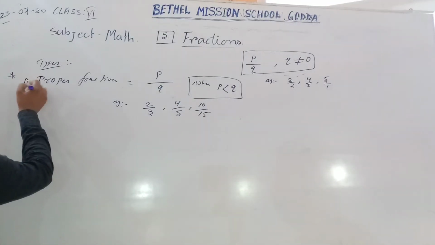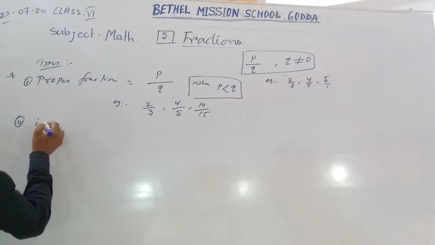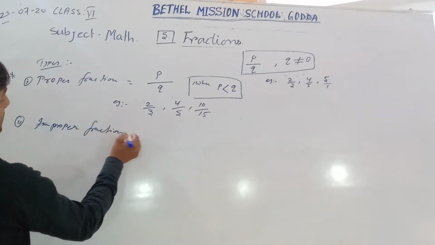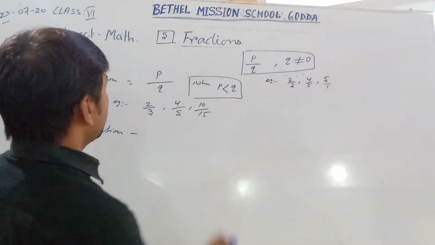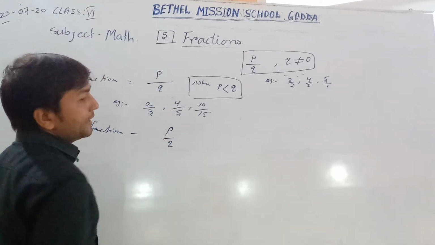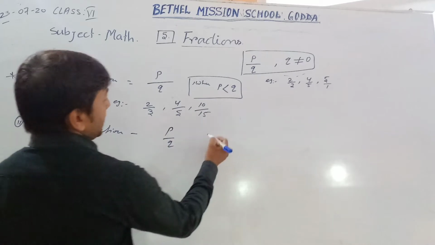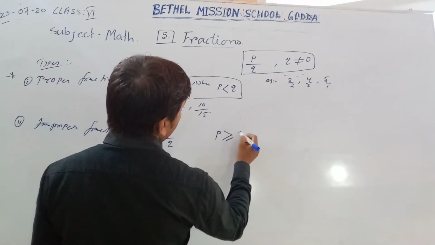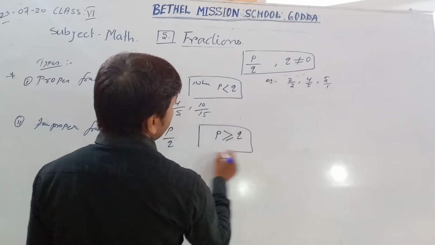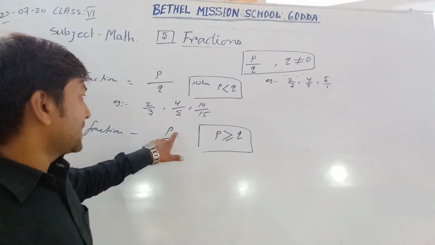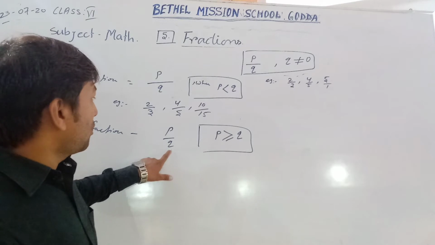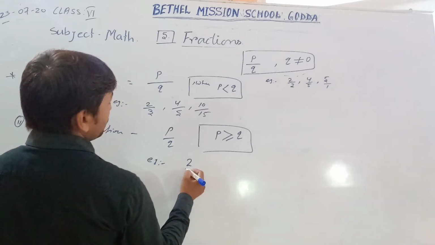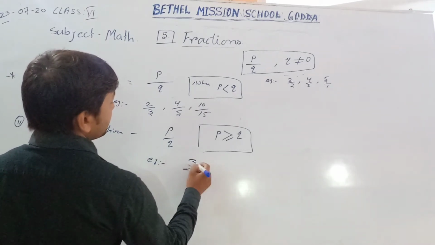Now the second type, improper fraction. An improper fraction is a fraction where the numerator is greater than or equal to the denominator. For example, 3 upon 2.